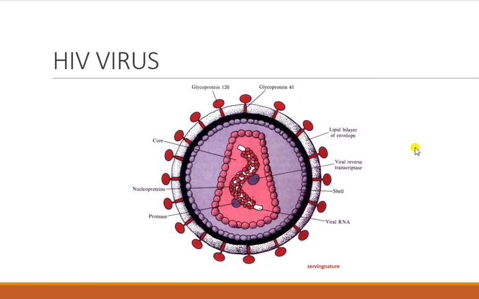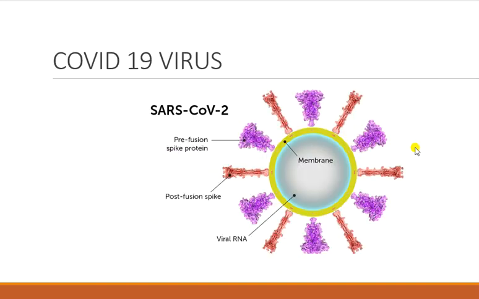When you go down there, we'll be able to see how the COVID-19 virus looks like. This is a simplified version of the image of the COVID-19 virus. It has what you call the post-fusion spike protein, then you have the pre-fusion spike protein. The pre-fusion spike proteins are able to identify which cell to attach to.